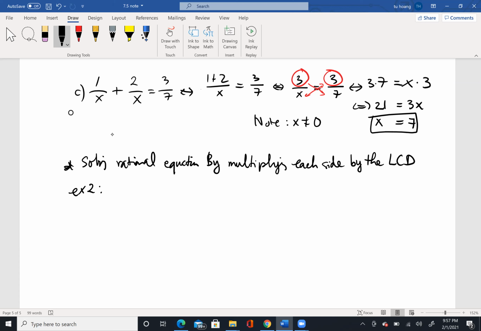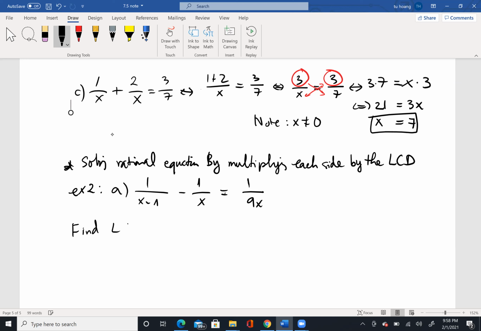I have 1 over x minus 1, minus 1 over x here, equal to 1 over 9x. What we have to do is find the LCD first.